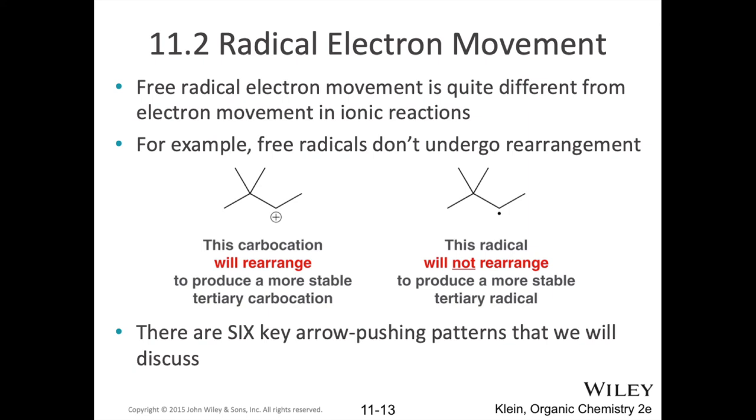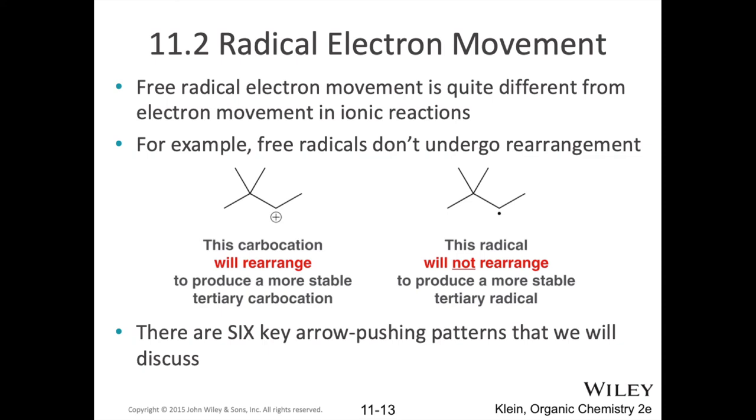Okay, now, that being said, since rearrangement was one of the four key steps we saw in various mechanisms, in all of our arrow pushing mechanisms, and then we got into the habit of paying attention to that and recognizing those patterns in all of the mechanisms we see, I want you guys to do something similar here in this chapter with radicals, except instead of 4, there are 6 key arrow pushing patterns that you need to recognize.